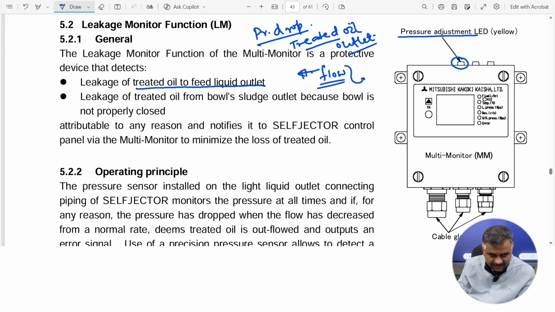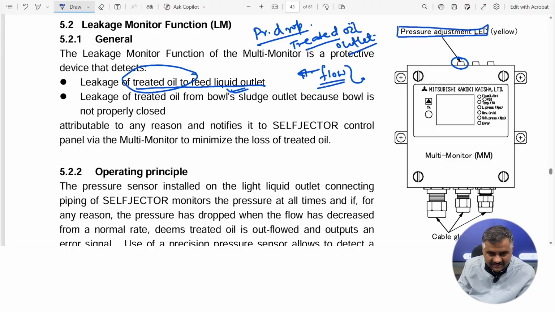Okay, in that case there is leakage of treated oil to the feed liquid outlet. So in that case there is a drop in the discharge line, due to which the leakage monitor will give you a leak alarm.